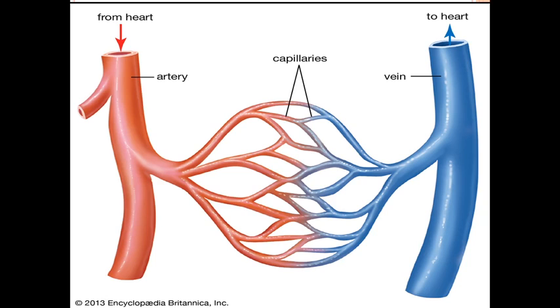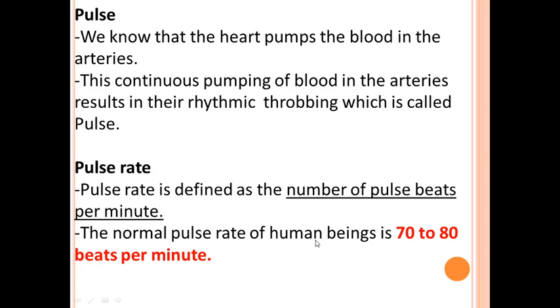They have very thin walls through which oxygen, digested food, carbon dioxide and other waste products are exchanged between the blood and the surrounding cells. These capillaries join up to form the veins which carry the blood back to the heart. Understood?